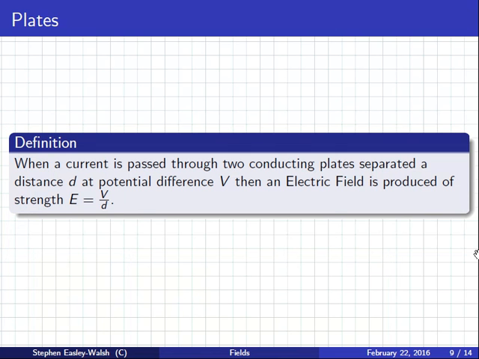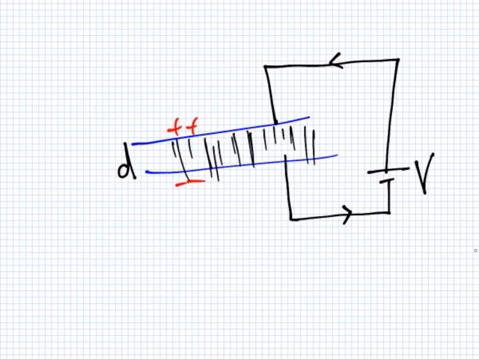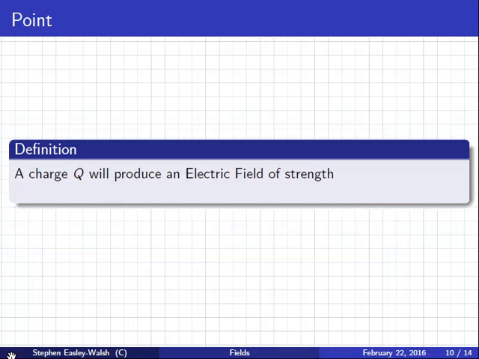So we need a formula for the strength when we have a point or a sphere. A charge Q will produce an electric field of strength. So here's the formula. If we have a charge Q here, it will produce an electric field, and the strength at a distance r. It doesn't matter if positive or not.